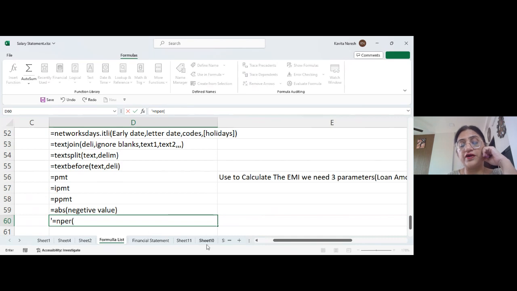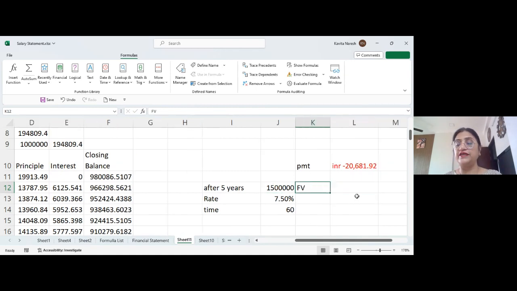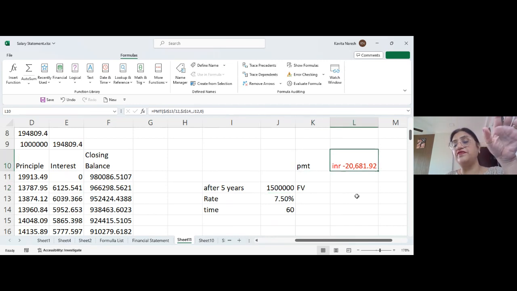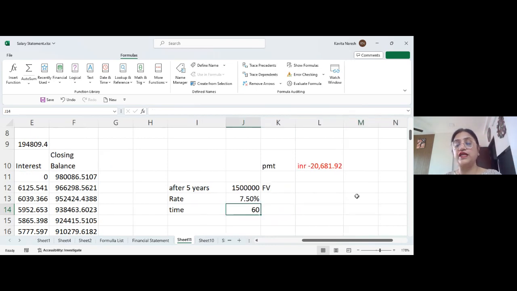Okay, so how can I calculate the rate? Same I'm going to create here also. After 5 years, I'll get 15 lakh rupees, and for that I'm saving 20,681 rupees, but I don't have the rate, and I have the time also. So how can I calculate the rate?